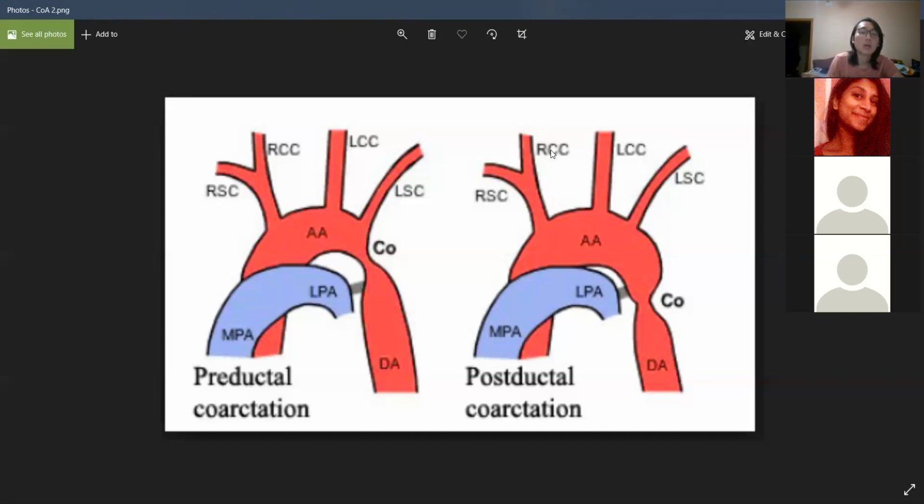It plays a role in this condition as well. So it's again multifactorial, and it would be safe to assume that if you see hypertension in coarctation of aorta, it is secondary hypertension and not essential hypertension, right?